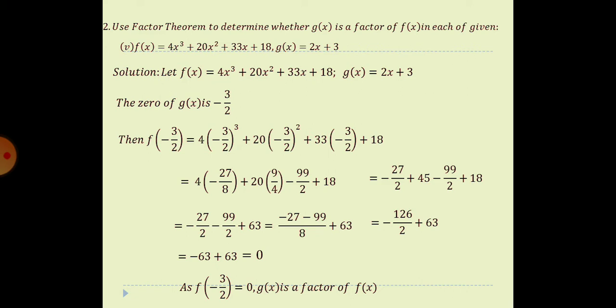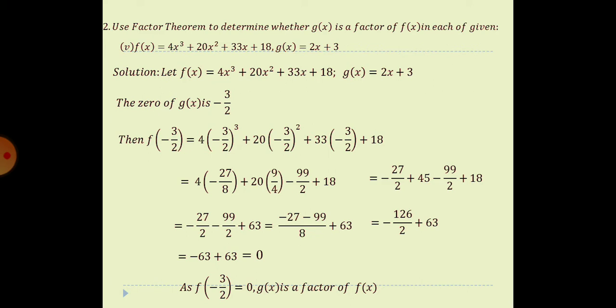Children, here 8 is written there. Don't write 8. Write down 2. By mistake I have written 8. So minus 27 minus 99 by 2 plus 63 is equal to minus 126 by 2 plus 63. Minus 126 by 2 is minus 63. Minus 63 plus 63 is 0.